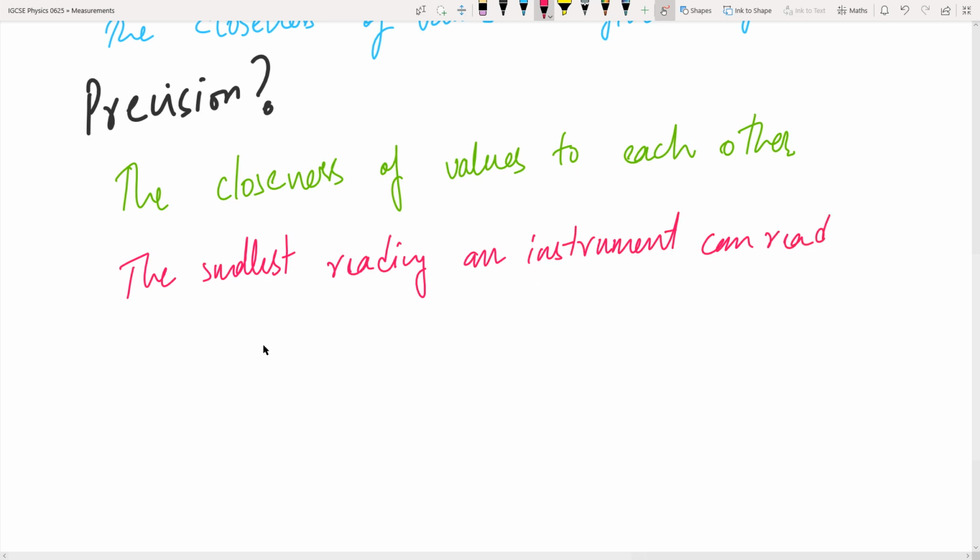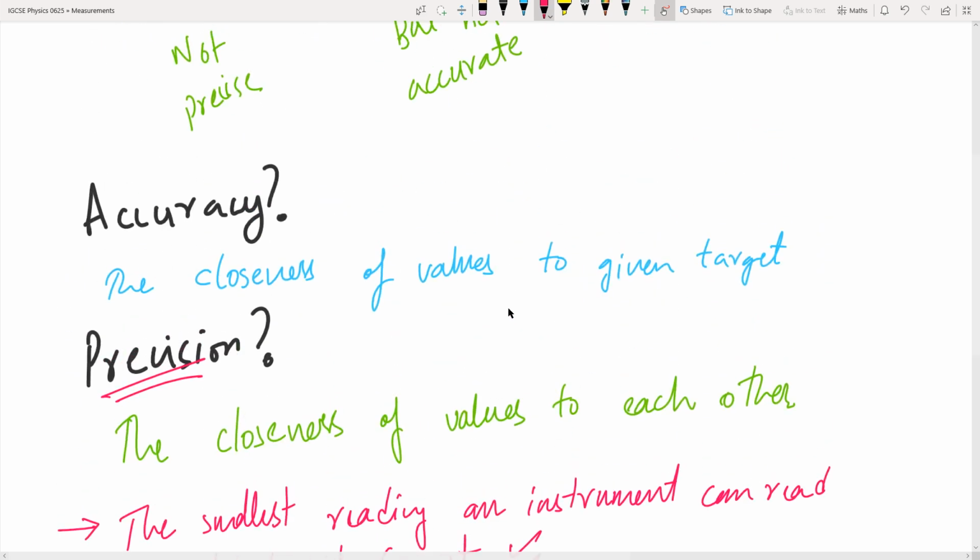That is also the least count, as we have referred to this. So in the case of instruments, we're going to define precision as the smallest possible reading that an instrument can read, also known as the least count.